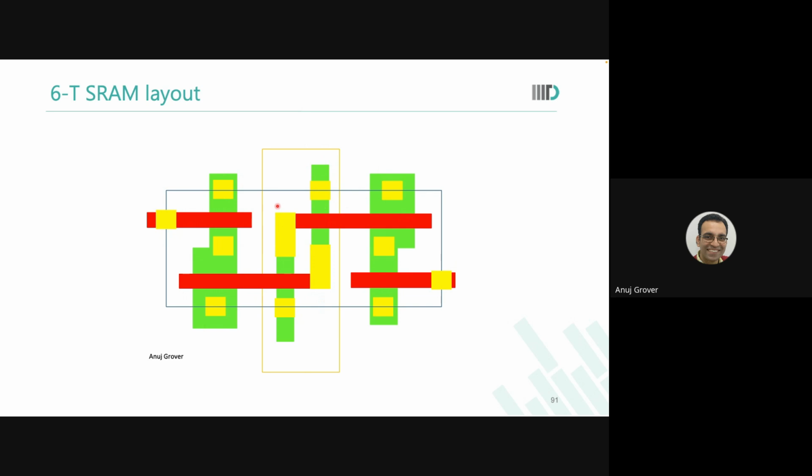Now, in very advanced technologies, the same material, the material of contact, is tungsten. The same material is also used to make local interconnects, LIL, local interconnect layer.